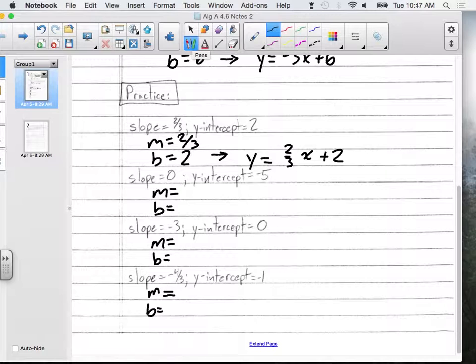Well, if x equals 0, then 2/3 times 0 is 0, so y equals 0, 2. So you would be finding the y-intercept? He was trying to show you in the beginning how b represents the y-intercept.